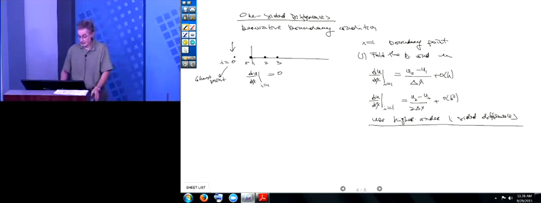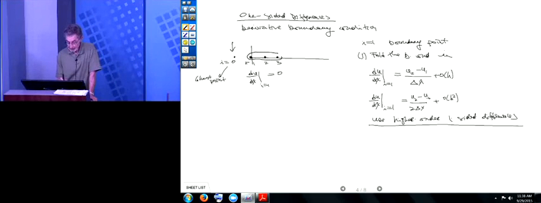Then, of course, what you have is a computational molecule, right? Something like this. This is a one-sided, high order molecule.